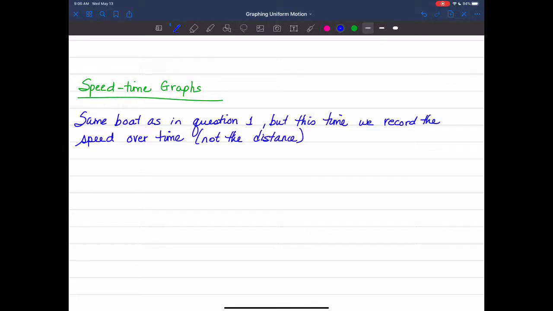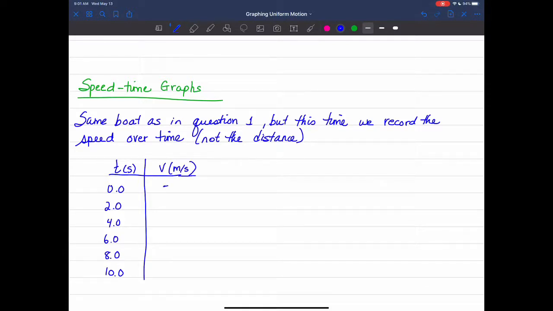All right, so again, we're gonna have a little chart and we're gonna have time that goes by, and we had 0, and then 2, 4, 6, 8, 10 seconds had gone by. And this time we have our speed, which is measured in meters per second, as we saw with our slope. And so what we see here is we really see that uniform piece, right?